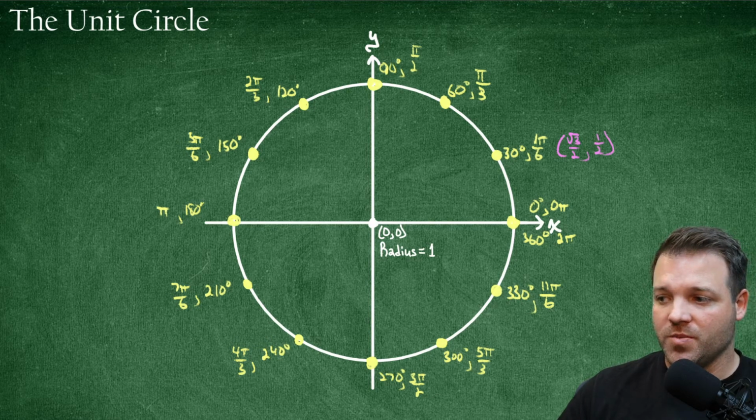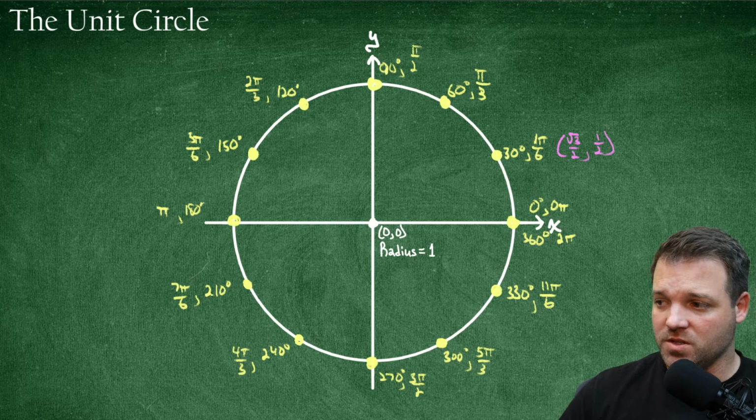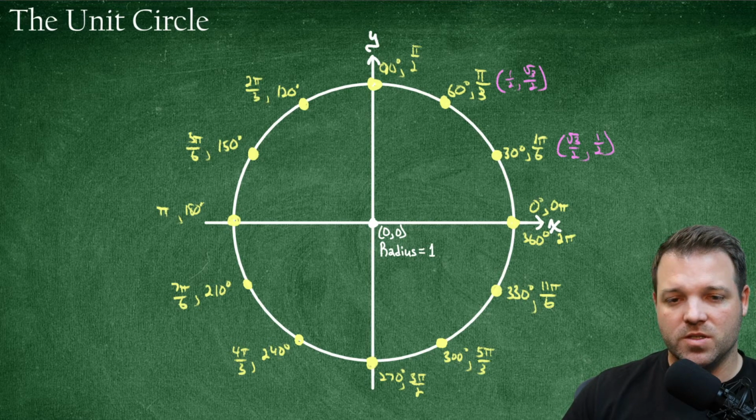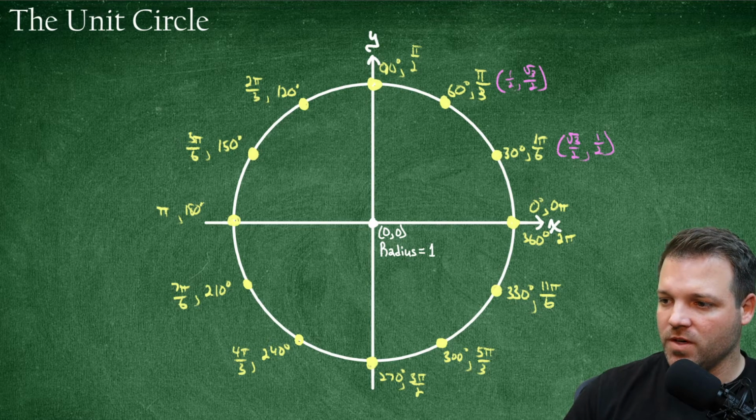Now, I'm going to transpose those numbers to get my 60 degrees. So that's going to be 1/2, root 3 over 2. And then I'm simply going to reflect these. Over here, we have the exact same thing as the 60 degrees reflected. So that's going to be 1/2, square root of 3 over 2. However, my x is negative.